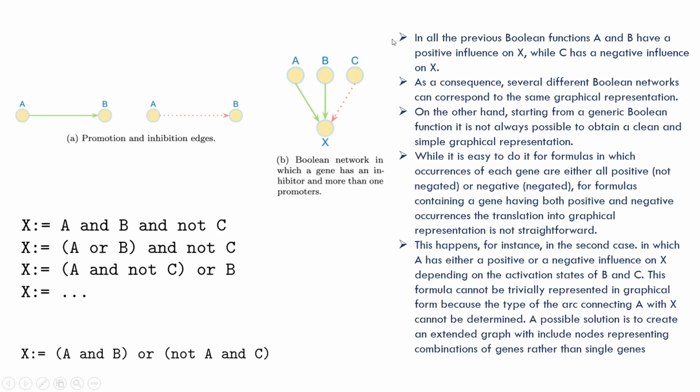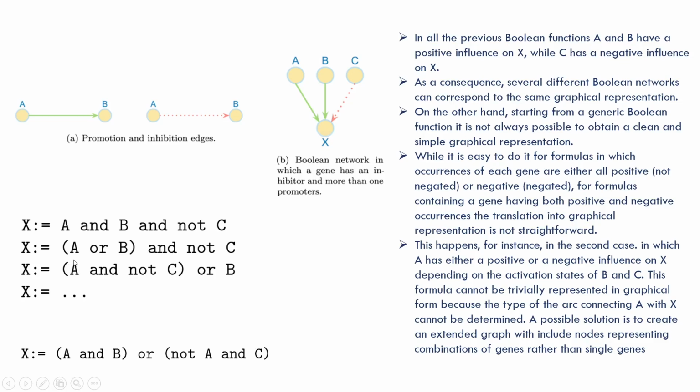If you're told to write the Boolean relationship between A, B, C and X from this graph, this is perfectly all right. Same in the case of the second and the third.